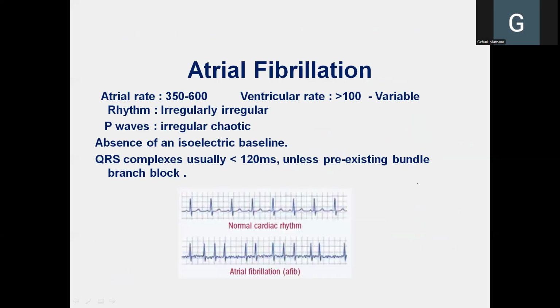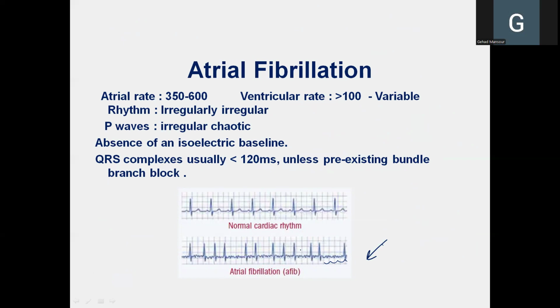Here in atrial fibrillation, of course, once you look at the ECG strip, you can detect automatically that you have atrial fibrillation because of those chaotic P waves that are irregularly irregular, and the absence of the isoelectric baseline.